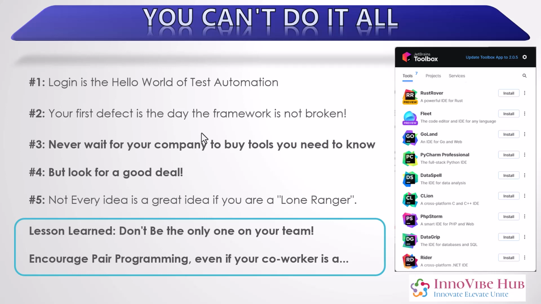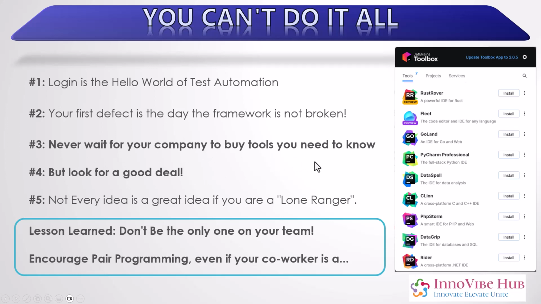That's the day, I would say, you become an automation engineer: when you realize it's not your framework, it's your framework actually finding a bug on your system. So keep an eye out for that. That's going to be your big first milestone when you realize your framework isn't broken, it's your application.